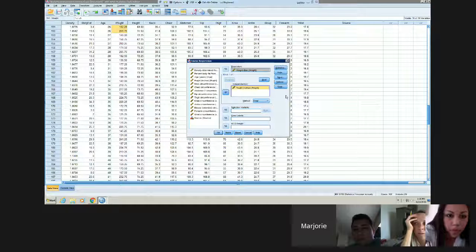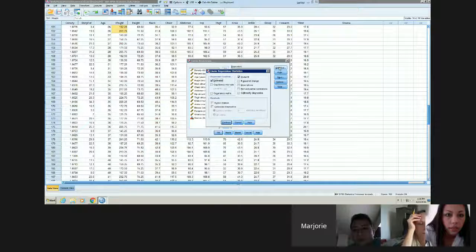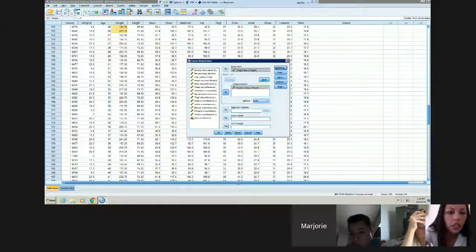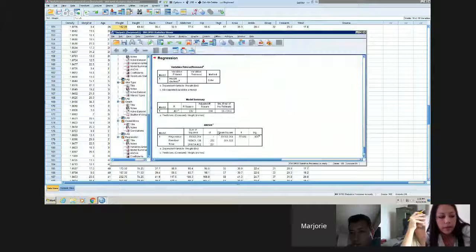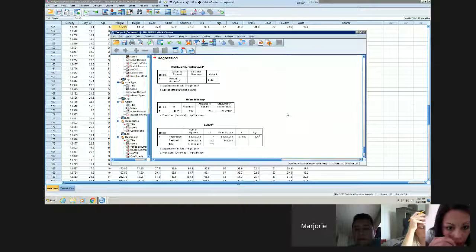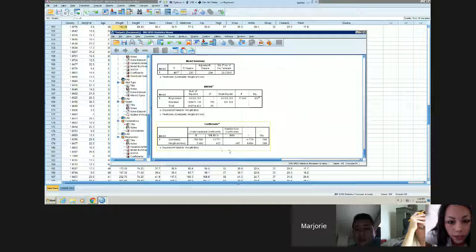And then you're going to go to statistics, and you're going to click on model fit and estimates. Okay, those are both done. Then continue. And then you're going to look at the coefficients block. So, where's your coefficients block? Oh, right here. All right.